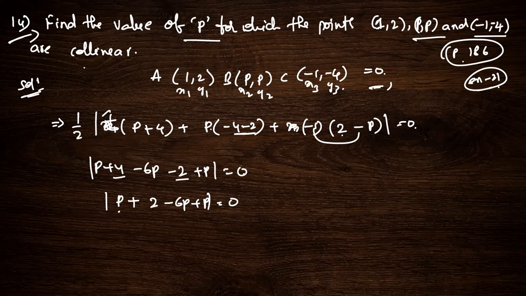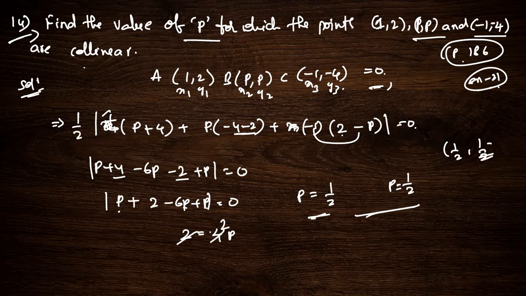So p plus p is 2p, minus 6p, minus 4p, and 4p is equal to 2. So here we will get the answer p is equal to 1 by 2. So p is equal to 1 by 2 and the second one also 1 by 2, so 1 by 2 comma 1 by 2. This is the value we have to get.